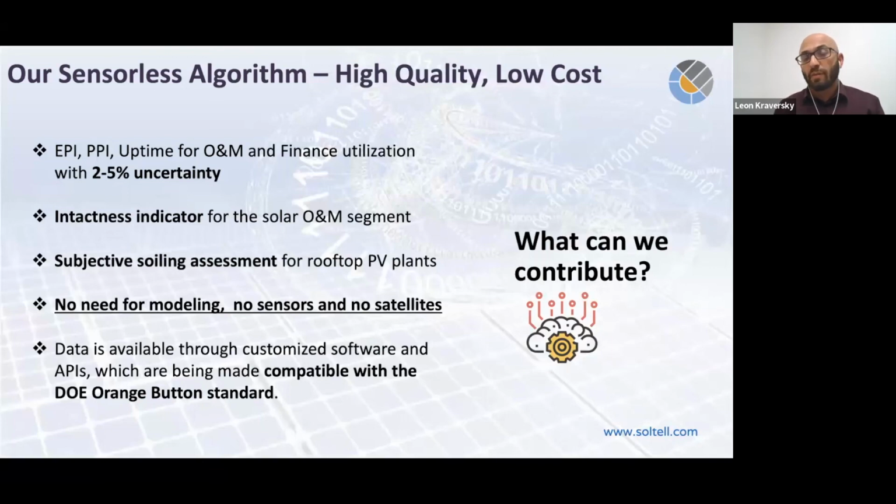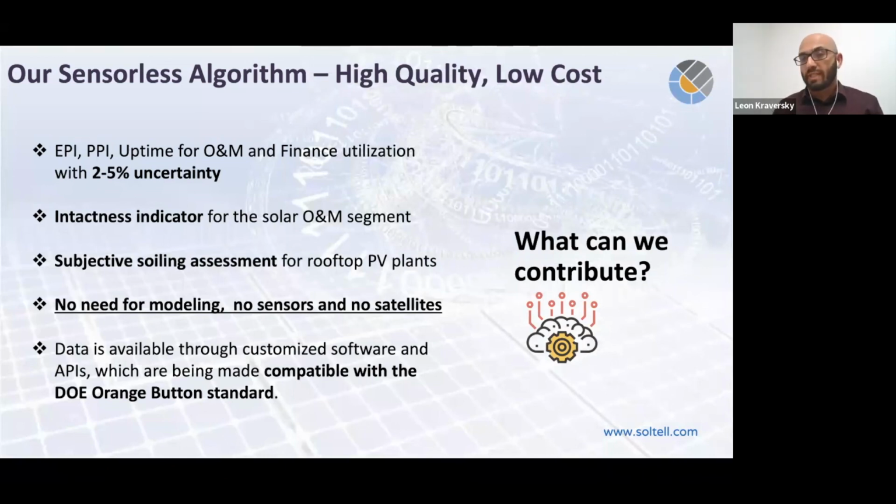And we also developed the intactness indicator specifically for the decentralized segment, which is useful for the operation and maintenance segment. We can also provide a soiling assessment to any plant without any extra hardware. And of course, as I mentioned, we do not need modeling, no sensors, and we don't rely on satellite data.